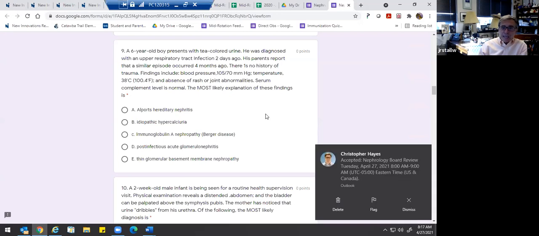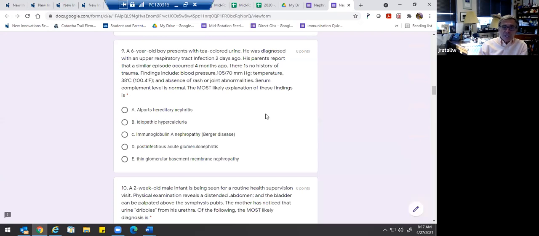That answer comes out. Once again, you have to look at things to make it fit the answer in toto. Thin basement membrane disease, okay, we can go with that in the sense that that can have hematuria, all things being equal. So not a bad answer totally, but that typically is not going to be tea-colored. That's just going to be hematuria.